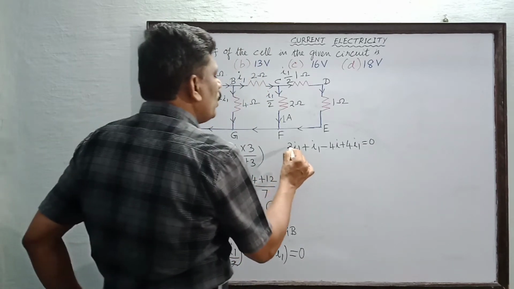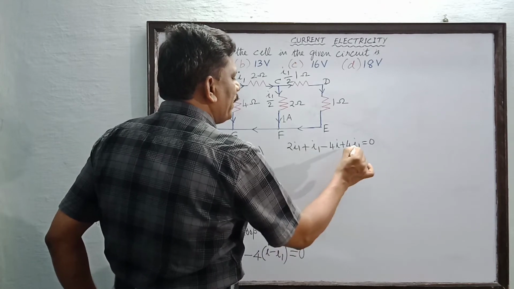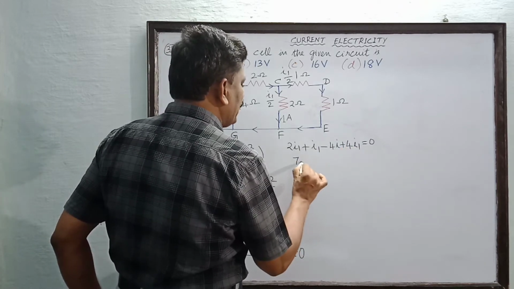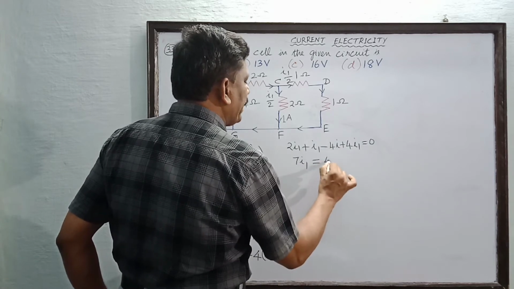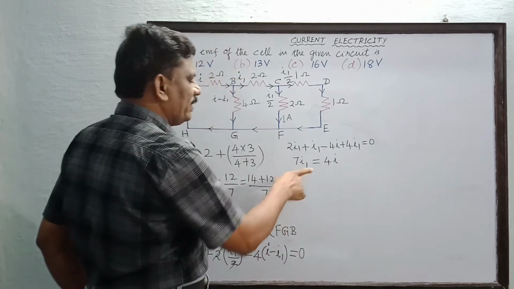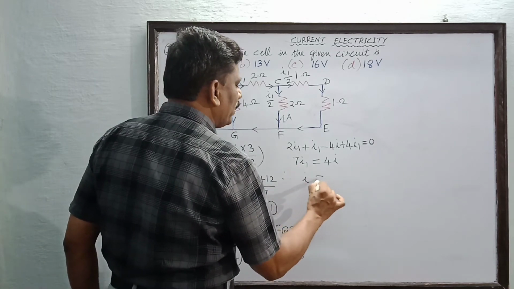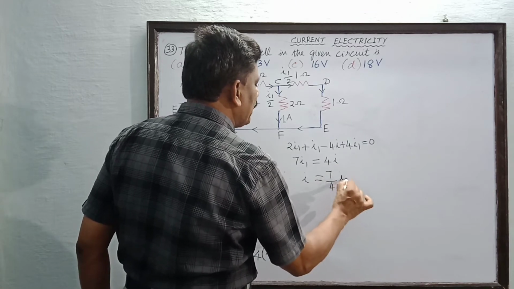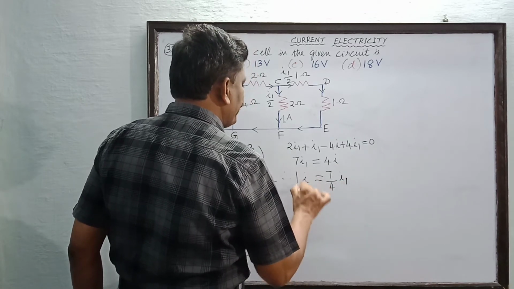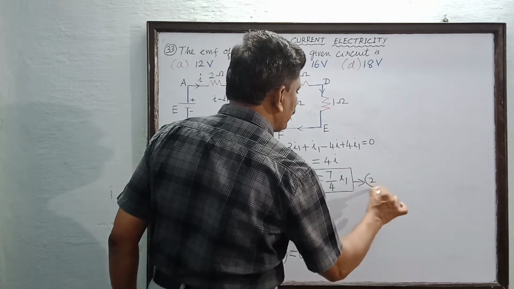So this is 2I1 plus I1 is 3I1, plus 4I1 is 7I1. 7I1 is equal to 4I. Okay, 7I1 is equal to 4I. Therefore, what is I equal to? I is equal to 7 by 4 times I1. Okay, 7 by 4 times I1.